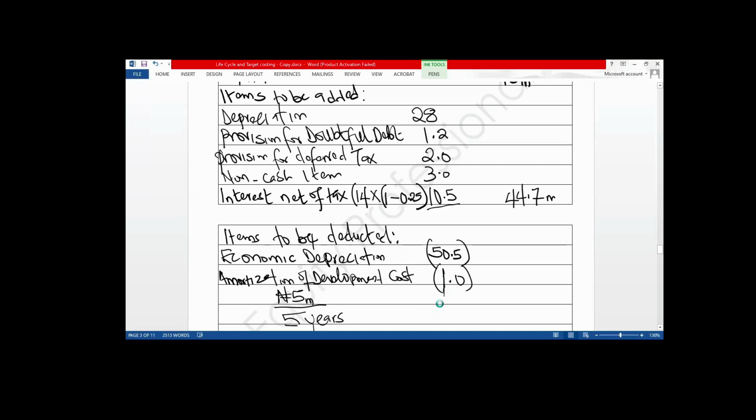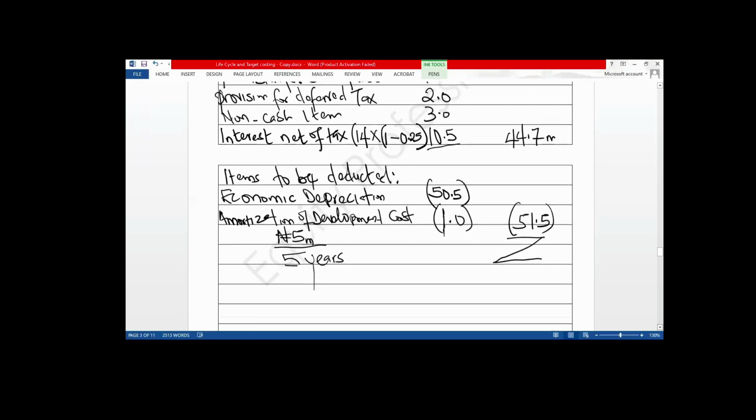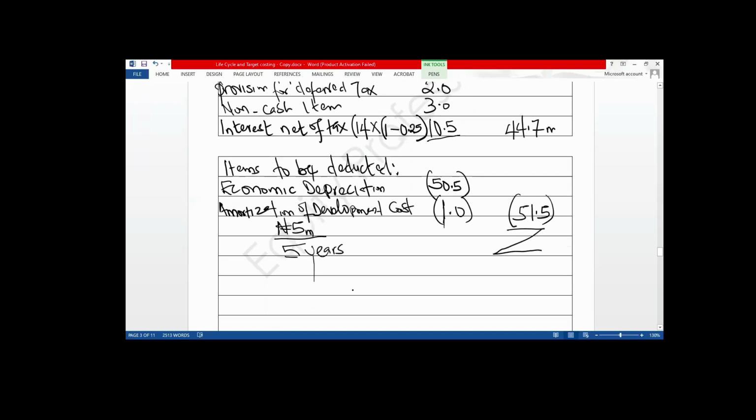So these are the amounts to be deducted. If you add up, we are going to deduct 51.5 million. You can now get your NOPAT. You have 48 million plus 44.7 less 51.5.